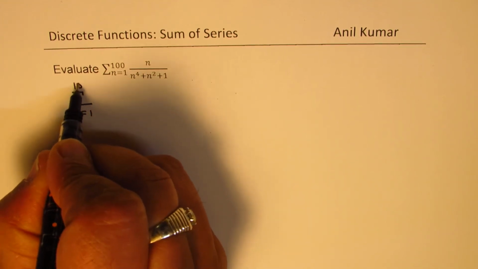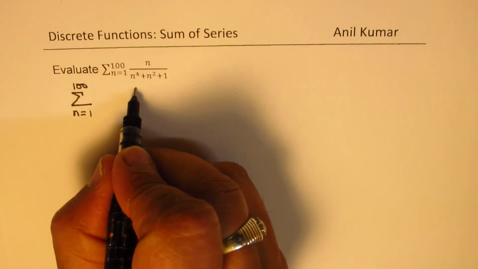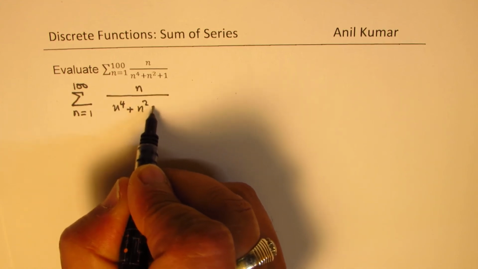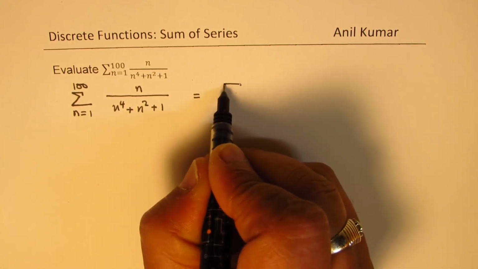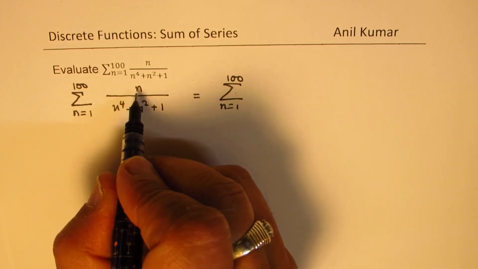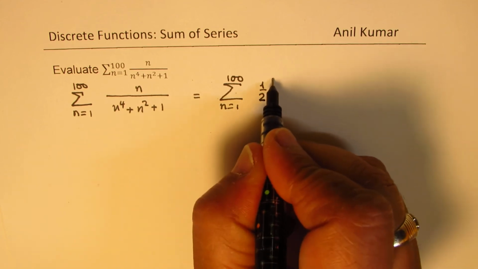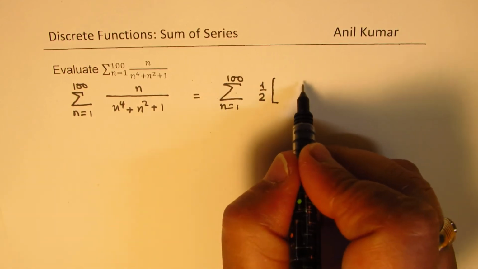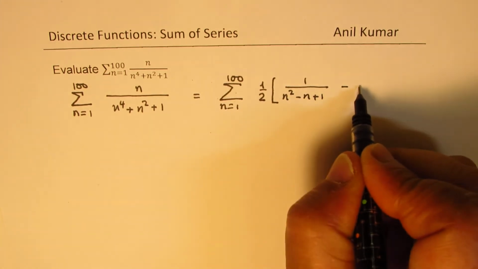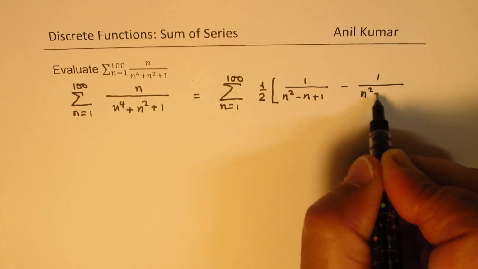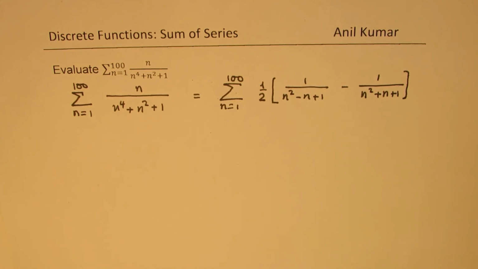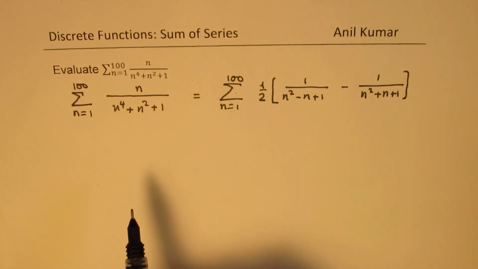The sum from 1 to 100 of n over n to the power of 4 plus n squared plus 1 is really equal to the sum of the series from n equals 1 to 100, and we wrote this as half of two fractions, right? 1 over n squared minus n plus 1 minus 1 over n squared plus n plus 1, correct? So that becomes our series now, and we'll see how to find this sum.